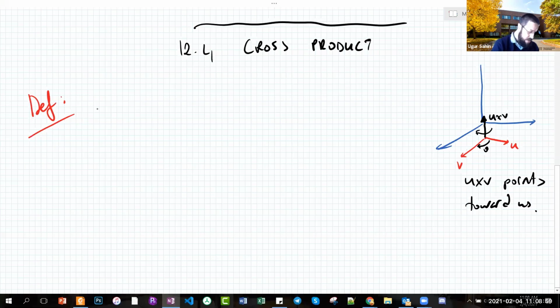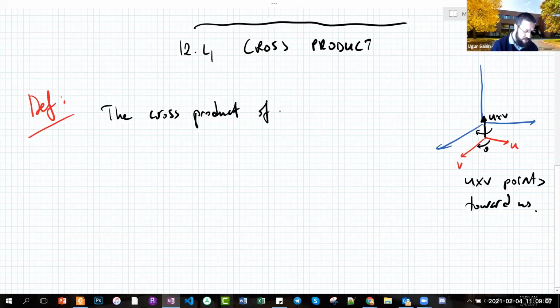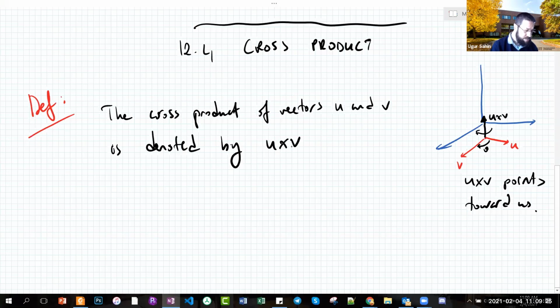All right. The cross product of vectors. Actually, this definition is the result of the second definition. You can prove that one, but you can give it as a definition as well. The cross product of U and V is denoted by U times V if U and V are not parallel.